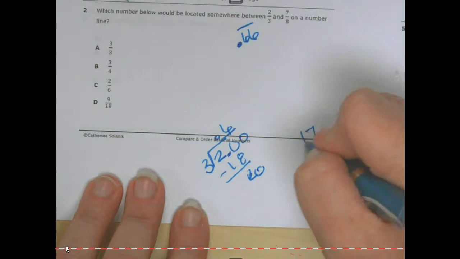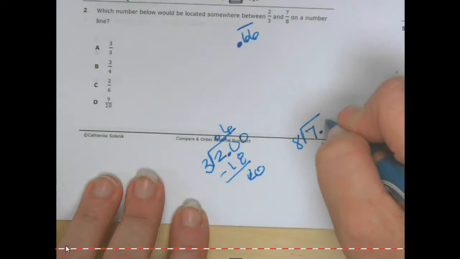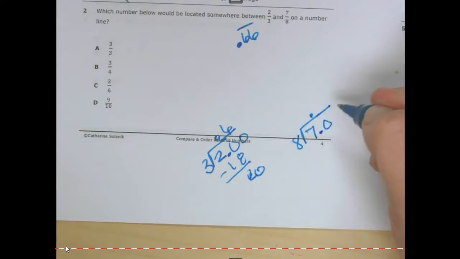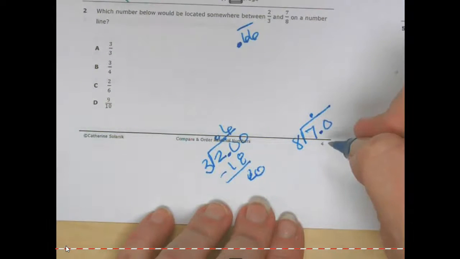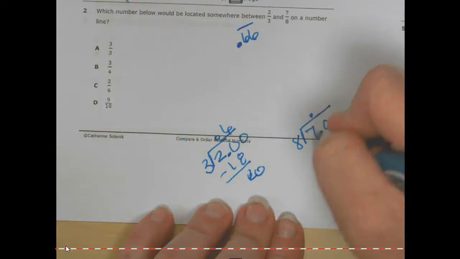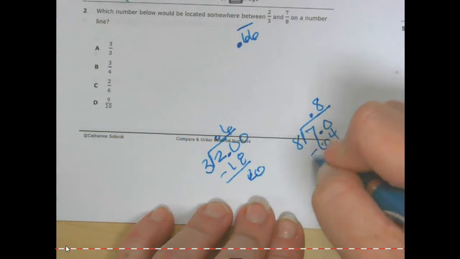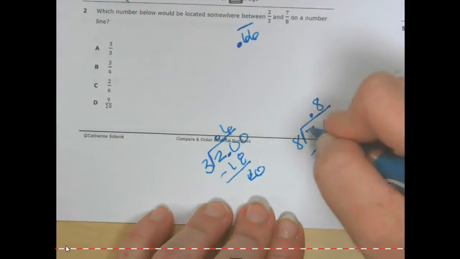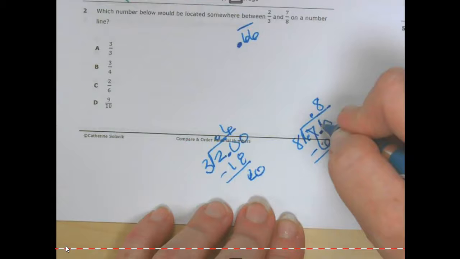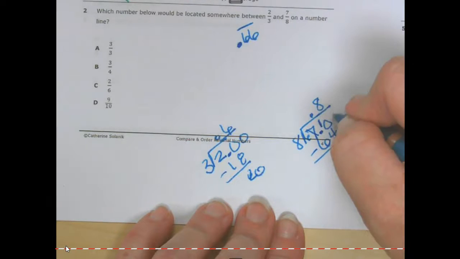7/8 is 7 divided by 8. 8 will go into 7. 70, 8 times. This is 64, because 8 times 8 is 64. 10 minus 4 is 6.